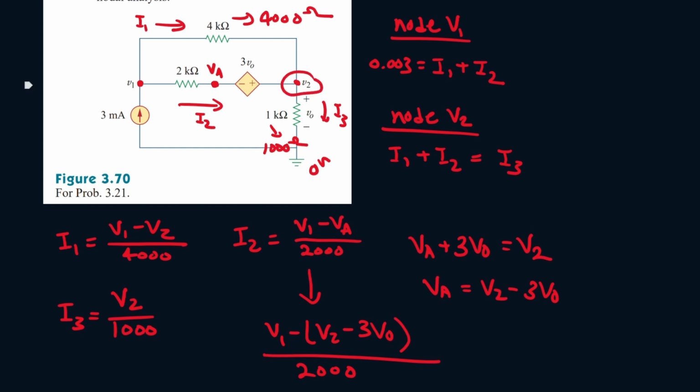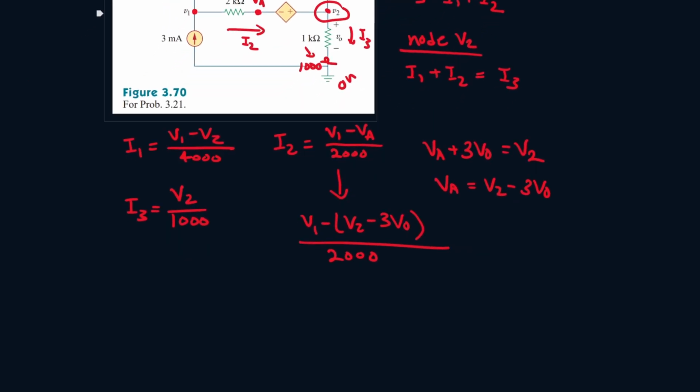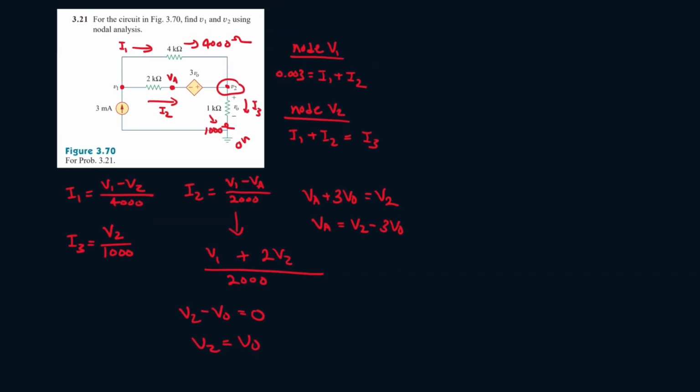So V2 minus VO has to equal 0, and that means V2 has to be equal to VO. So VO will be V2. Now it's V2 minus 3 V2, so that's minus 2 V2. And then minus minus turns into a positive. There we go. Now we have everything we need to start solving.